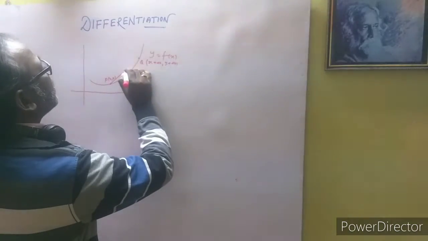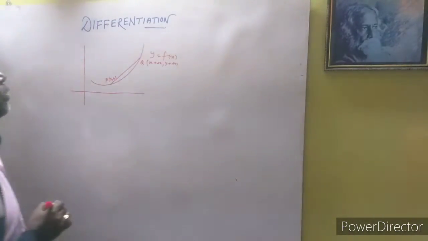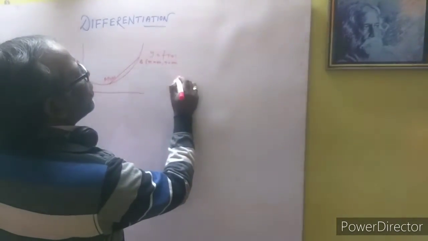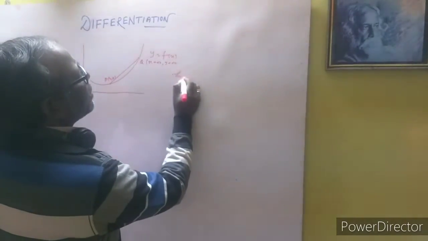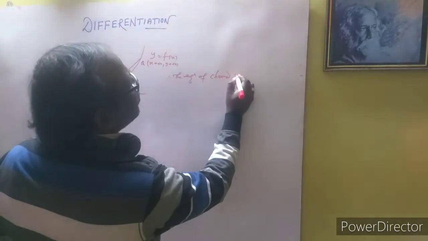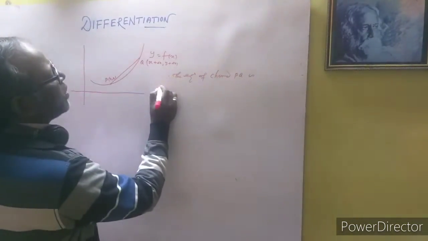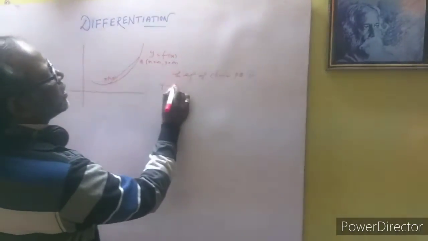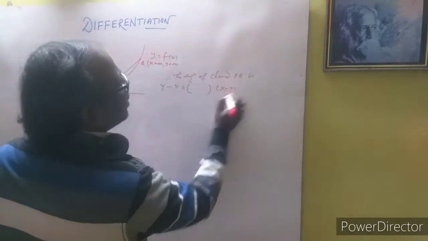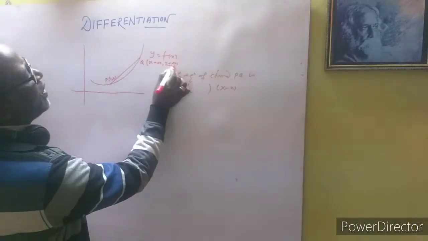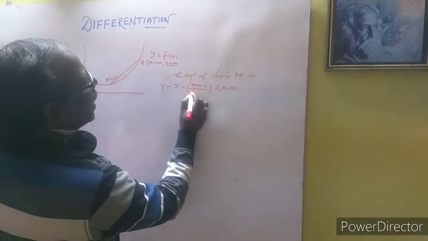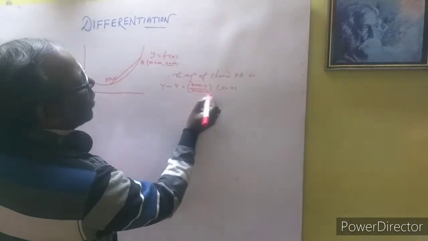So if we join the line PQ, this is the chord PQ. Therefore, the equation of chord PQ from coordinate geometry is y minus y1, that is y, equal to the slope times x minus x1, and the slope is the change: y plus del y minus y over x plus del x minus x.